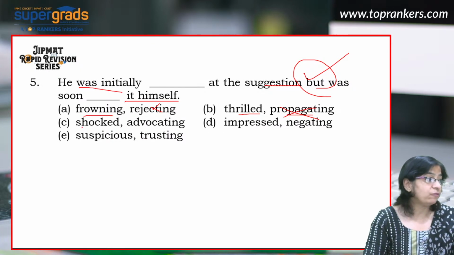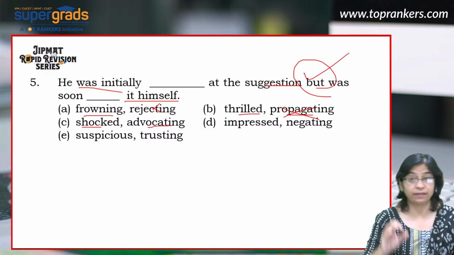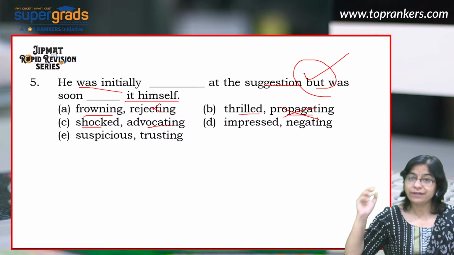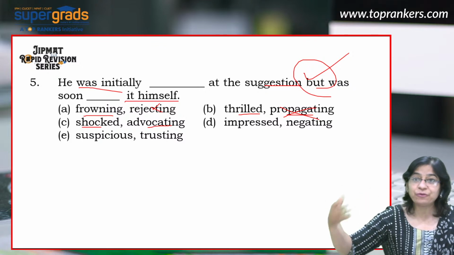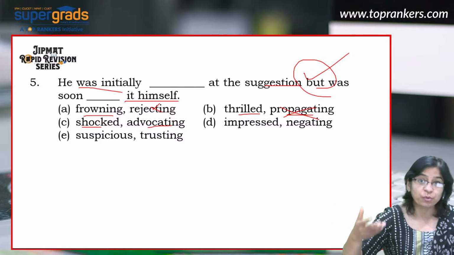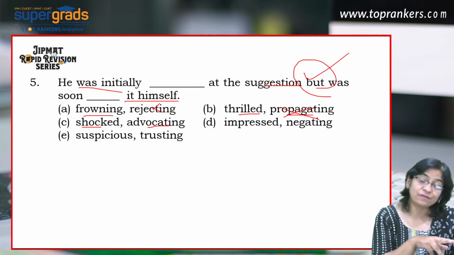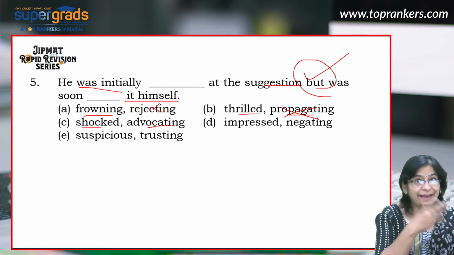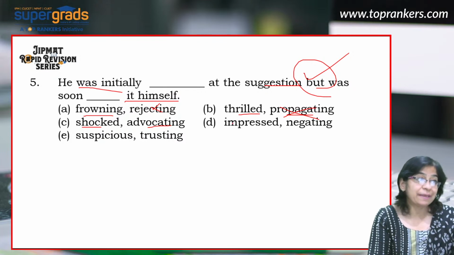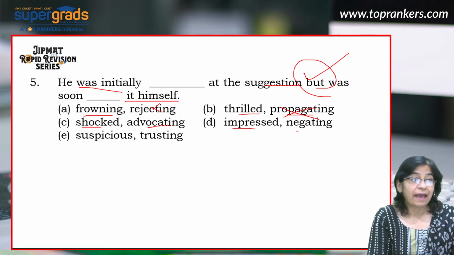Then we have he was shocked at the suggestion and then he was advocating it himself. Well, he was shocked. He did that, oh, what is this? And then he said, okay, advocation is when you kind of support a theory. So this one looks a good answer, but we haven't assessed the rest of them. So kind of put this on hold and let's assess the rest of them. He was impressed and negating it.